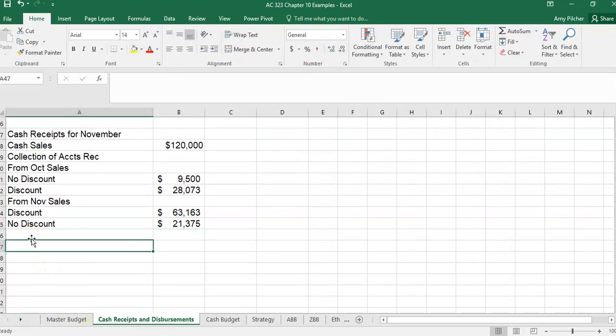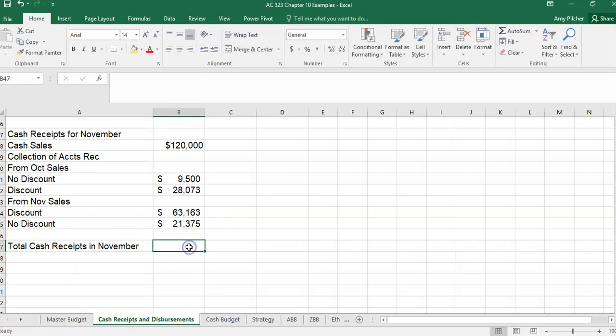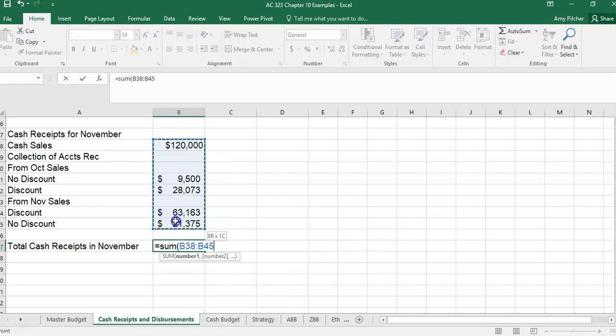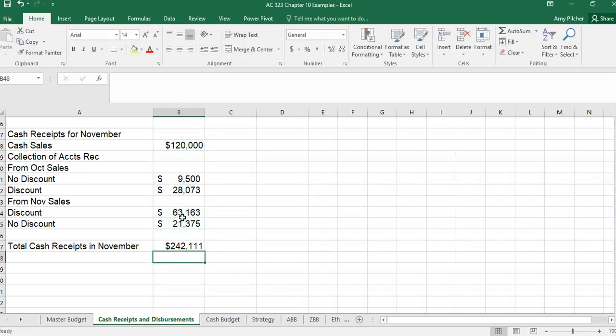So our total cash receipts in November are $242.11.